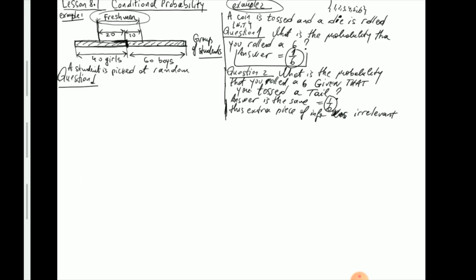You randomly pick a student in this group. So here's question 1. What is the probability that a freshman was picked?